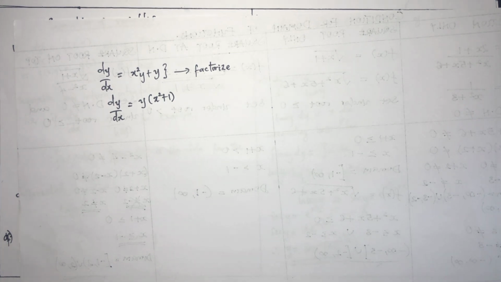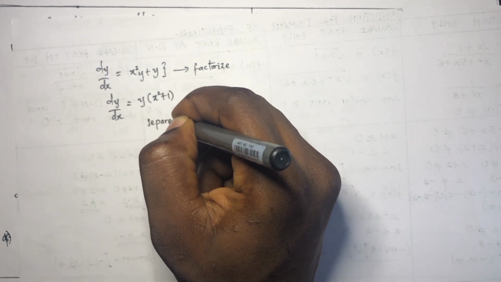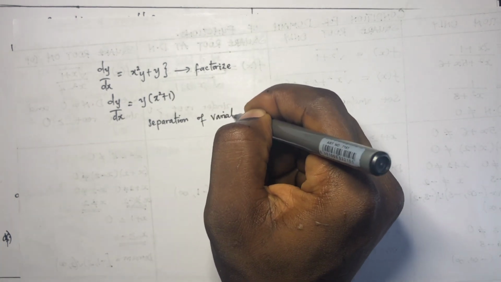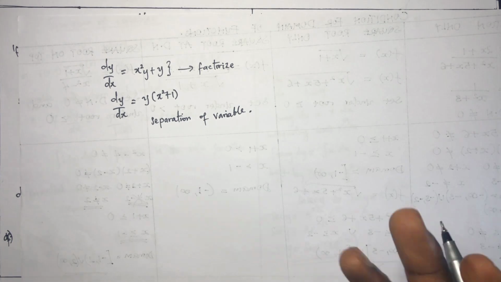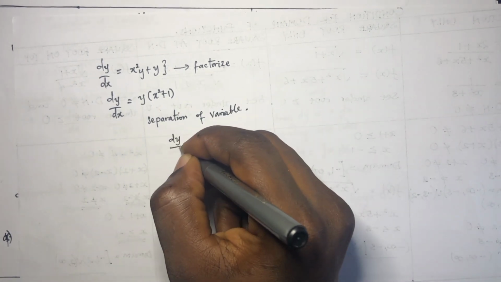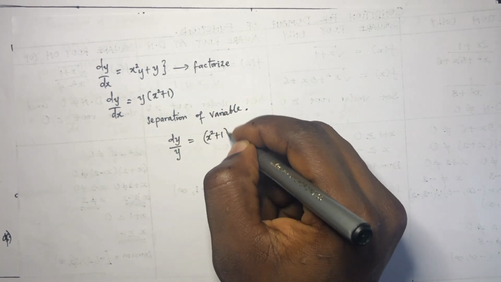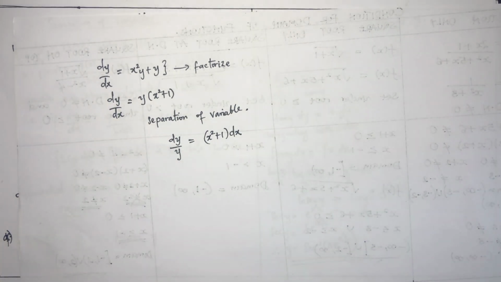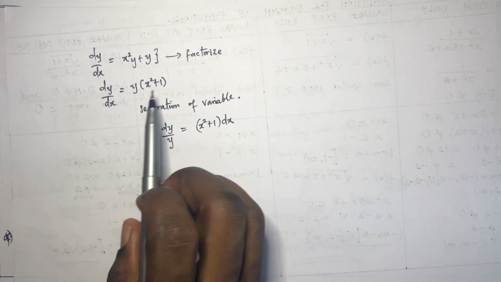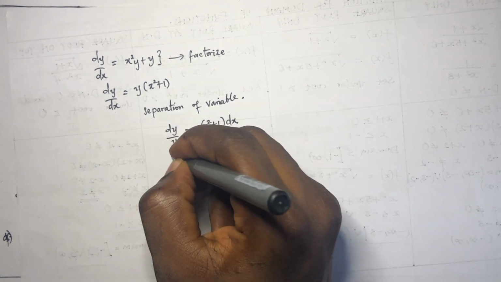Now, looking at it, it looks like a product. It's a product actually. So we do separation of variables, that is, the y's come together and the x's come together. Doing that, we have dy over y equals x squared plus 1 dx. What I did was multiply here by dx and divide by y, which came down here.